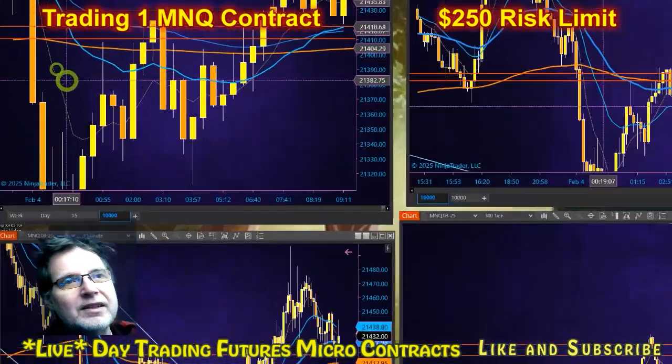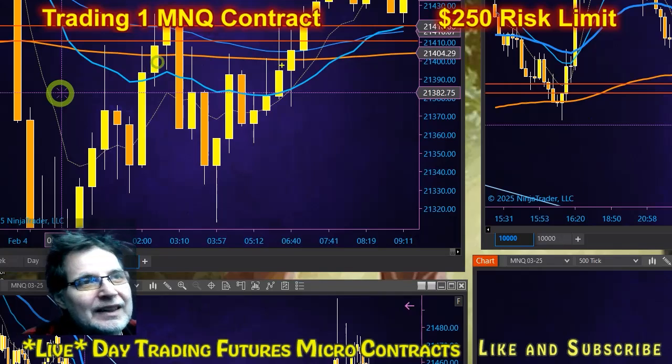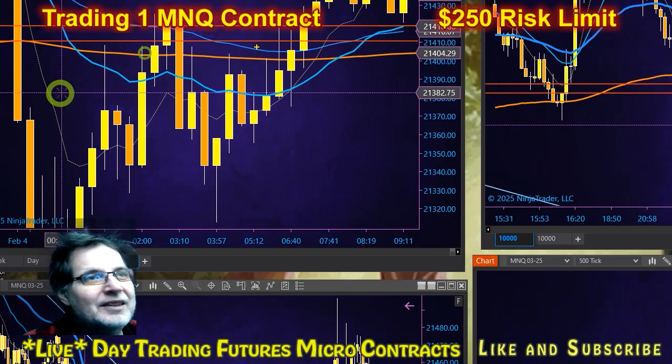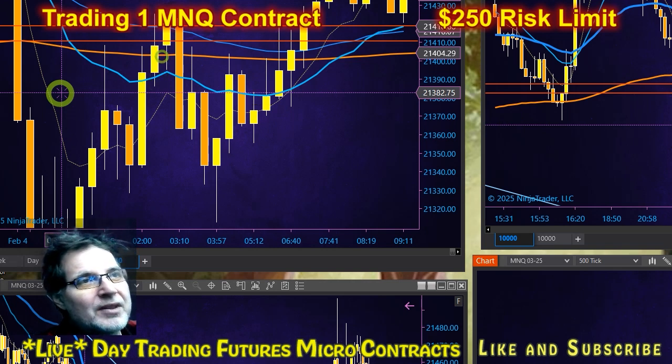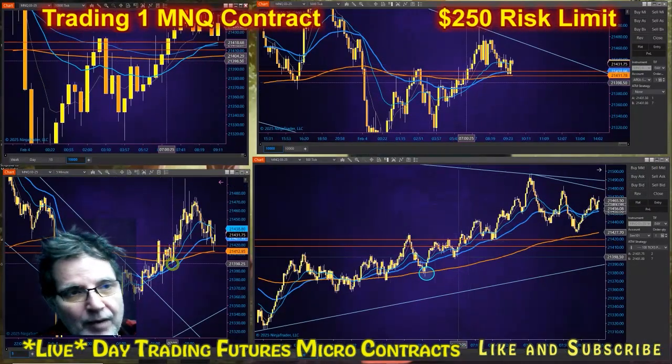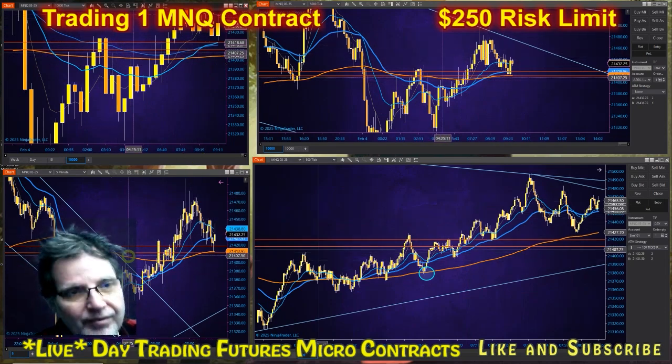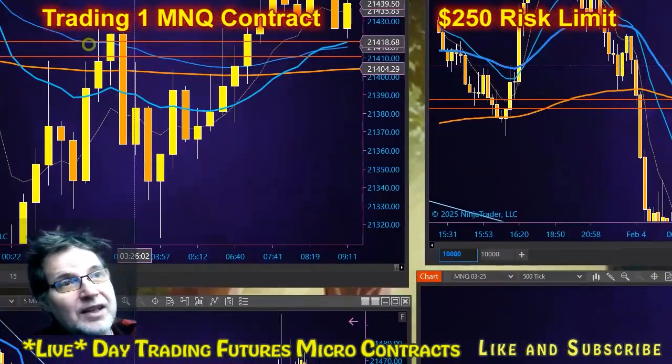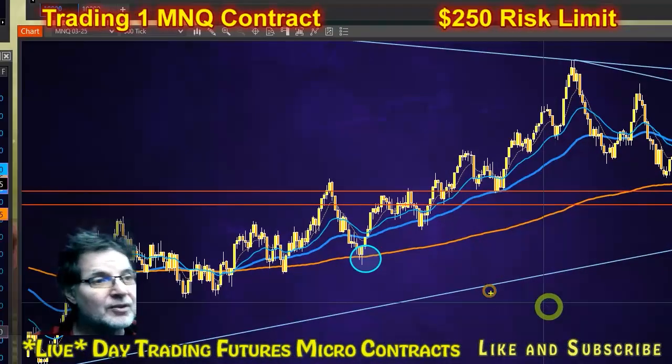If you're looking at the 10,000 tick chart, this is not really that good. The only thing you have in this area is that price had gotten above the 8 and the 20, and you can see the curvature of the 8 and the 20. I prefer when the 5-minute chart and the 10,000 tick chart all agree, and then we find something on the 500.